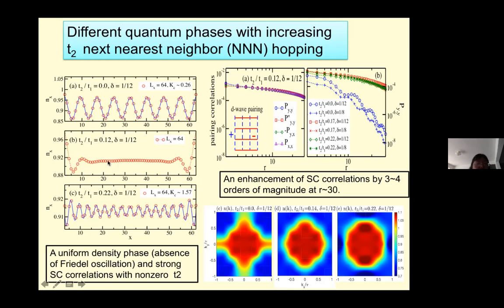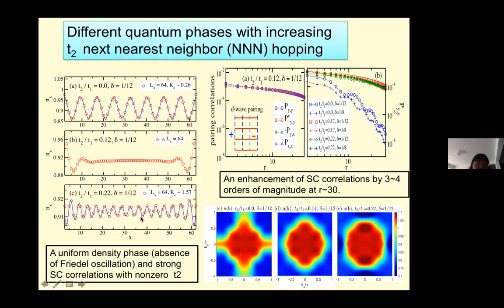You see that there is almost no oscillation until we reach the sample boundary. Our system has Ly equals 6 unit cells and Lx equals 64. There are also other results for Lx equals 48.